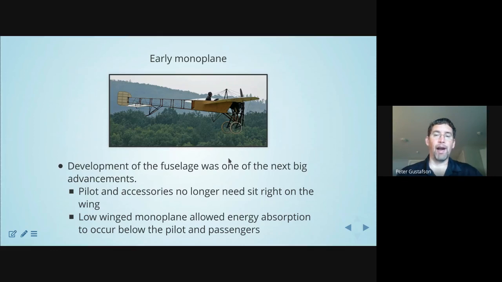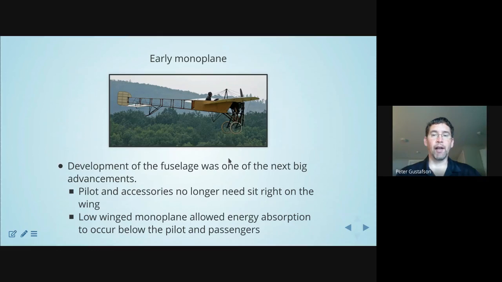As pilots wanted to fly faster, parasitic drag, which is dominant at higher airspeeds, became something they were quite concerned about. The biplane configuration has substantial parasitic drag because of all the bracing wires, because of the more frontal surface area that's exposed, and because of the overall increase in wetted area of the aircraft.